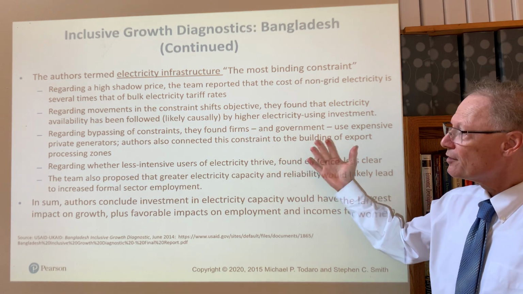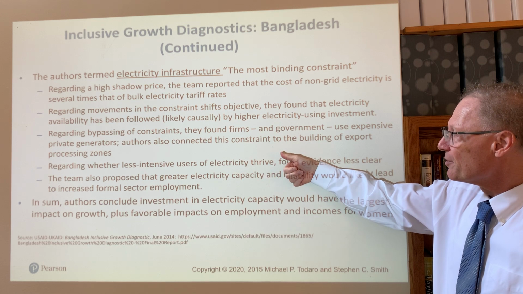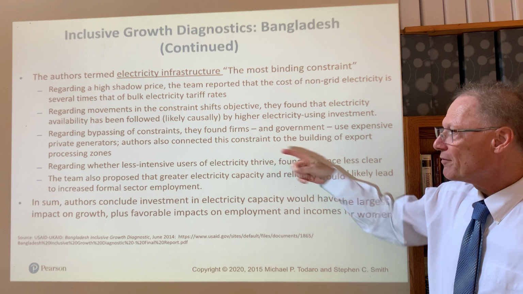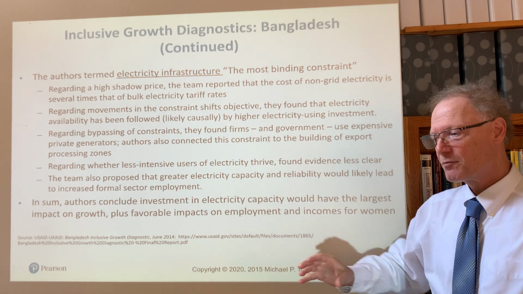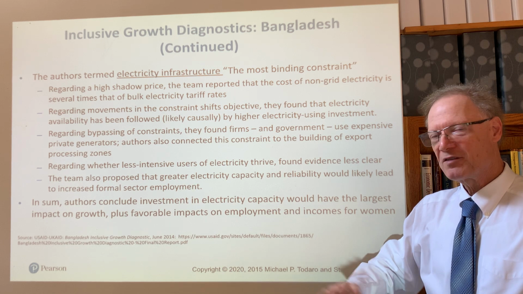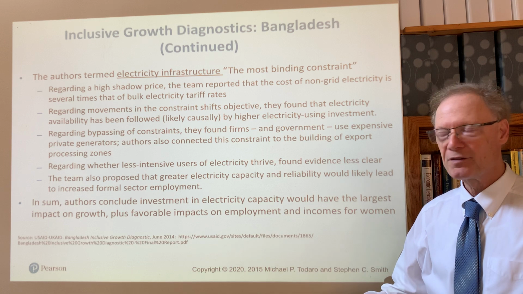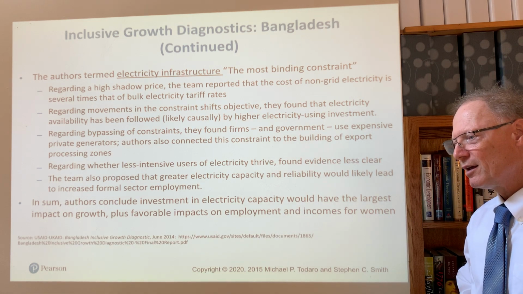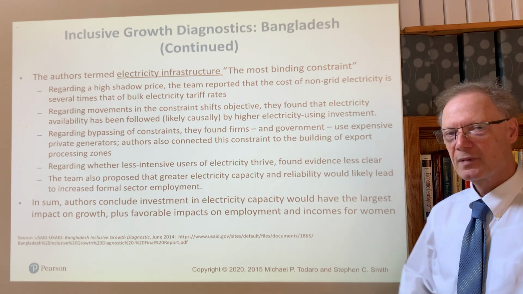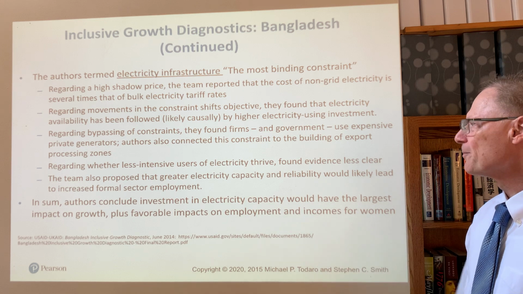So regardless of that, they found that firms and also the government are using private generators, private diesel generators, not just to entirely replace the grid, but for when there are frequent blackouts, as there are in many developing countries, including Bangladesh. Sometimes they're even planned, rolling blackouts.